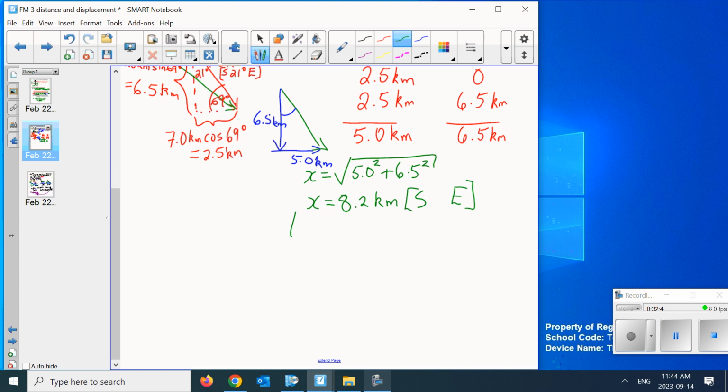So I'm going to go tan negative 1, opposite 5 over 6.5, leaving the kilometers off, 5 divided by 6.5 in the bracket. I'm doing the inverse. 37.6 rounds, so I'm going to go with 38.